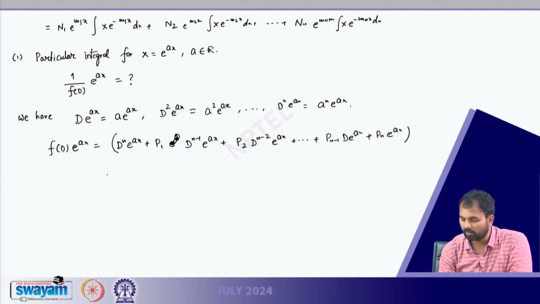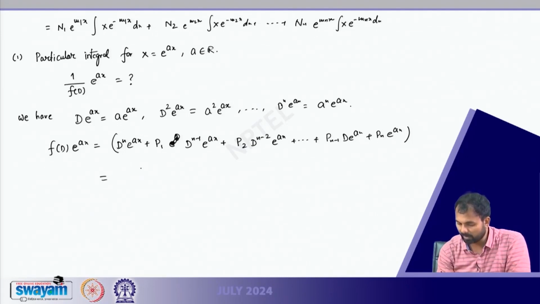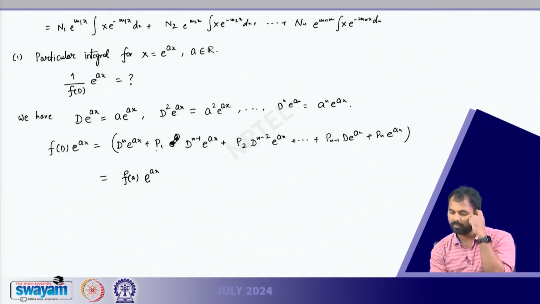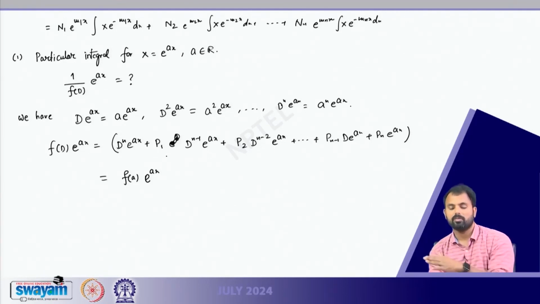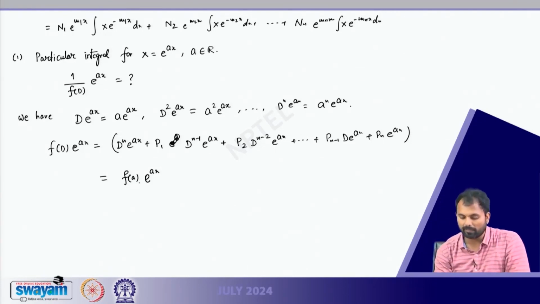So, from here if I take e to the power a x out, this will basically become a polynomial of a, correct, because all we will have is a to the power n plus P1 times a to the power n minus 1 and so on. So, right, it's a polynomial F(a).